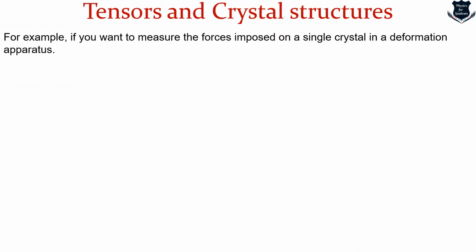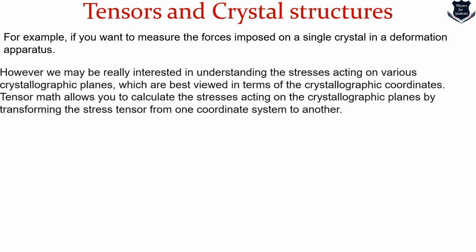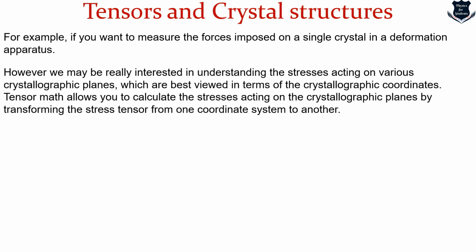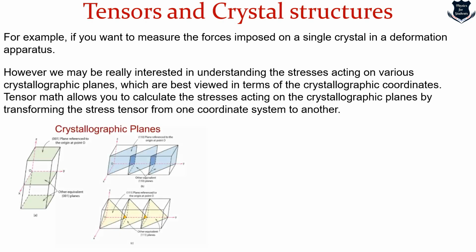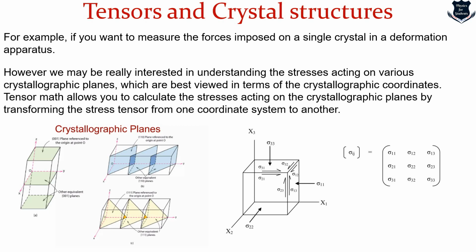So if you want to measure the forces imposed on a single crystal in a deformation apparatus, we are really interested in understanding the stress acting on various crystallographic planes. Now this is what are called crystallographic planes, right? So in terms of crystallographic coordinates, tensor mathematics actually allows us to calculate the stresses acting on different crystallographic planes and transform the stress tensor from one coordinate system to another.